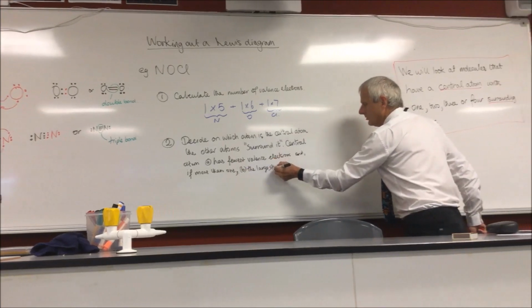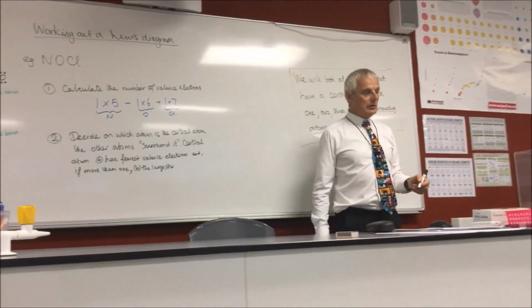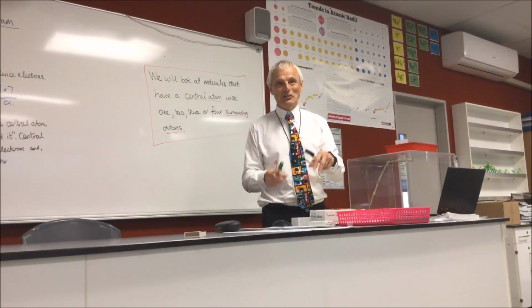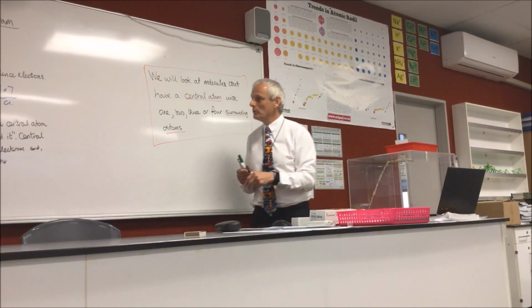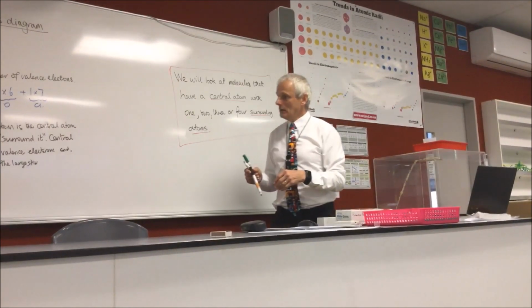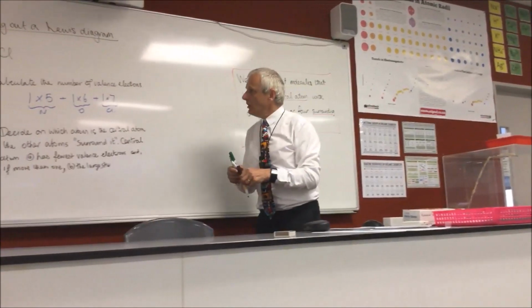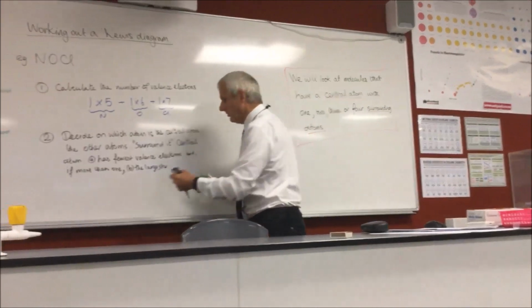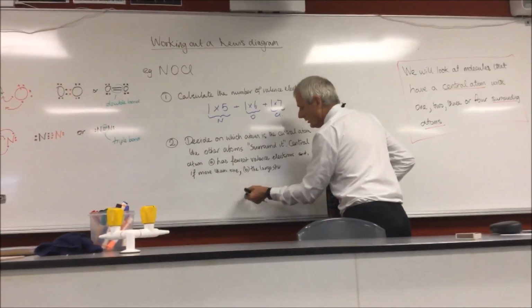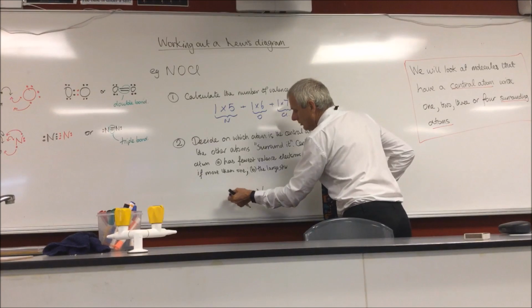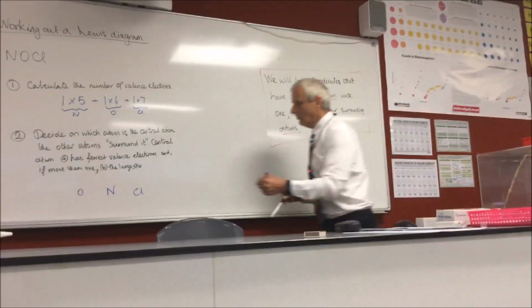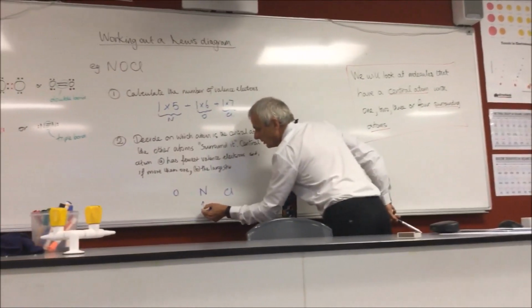When I say the largest, I mean the largest of the 2 that have the same number of the least. You see what I mean? We'll come to that in a minute. Okay, so in this case, we're looking at nitrogen. So nitrogen's our central atom, and we're going to put oxygen and chlorine around it.